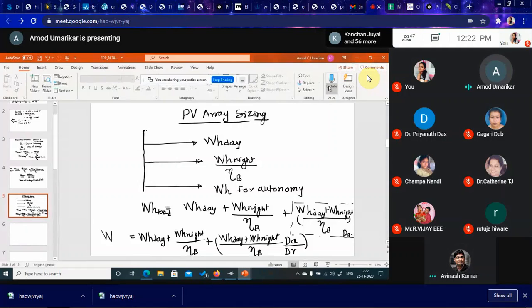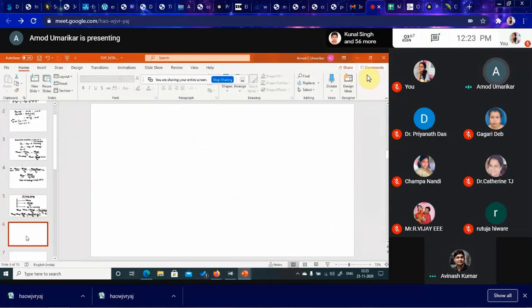So this will be the total WH load, or it will be the PV array size. In this way, we can design the PV array. Once we know the PV array load requirement, the maximum power size required will generally be WH load upon the equivalent hours for insolation.